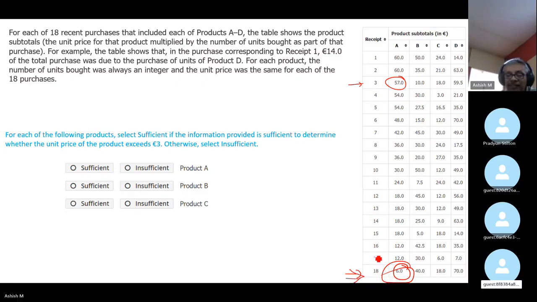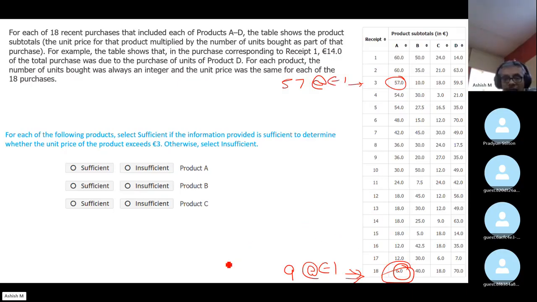These two entries, by the way, could indicate many things, Divya. For example, it could be 9 units of product A at 1 euro each, and 57 units of product A again at 1 euro each. Or this could indicate 2 units of product A at 3 euros each, and 19 units of product A at 3 euros each.